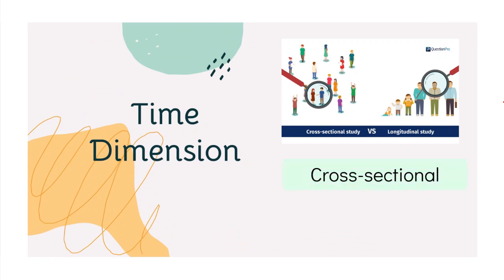And time dimension is where, as I told you, you have to know how much time you have. Cross-sectional means you are going to focus on a specific group. This is cross-sectional because you probably have 6 months to do a research. Let's say your RP is going to be in these circumstances, 6 months.